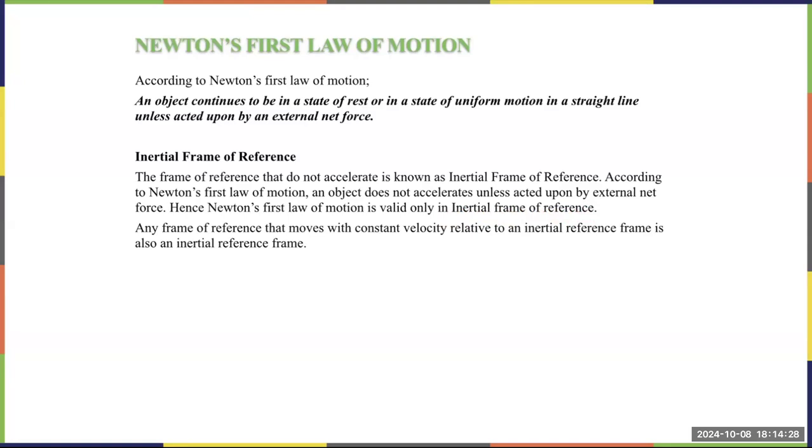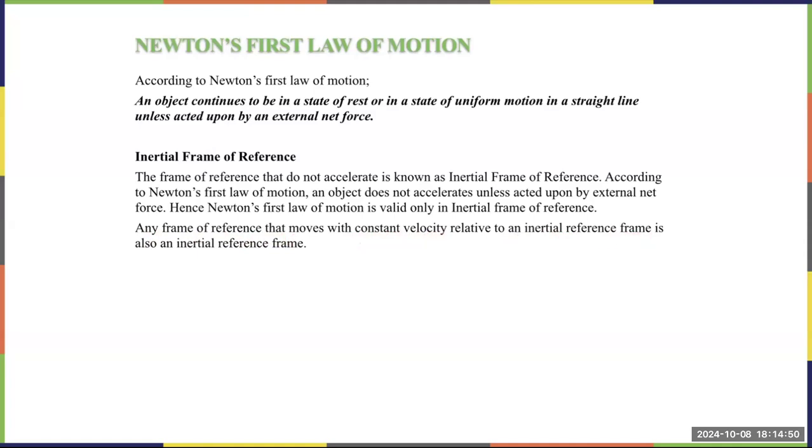If the frame of reference is not accelerating, if it is moving with a constant velocity, constant speed, then that frame of reference is also an inertial frame of reference, right? So any frame of reference that moves with a constant velocity relative to an inertial frame.